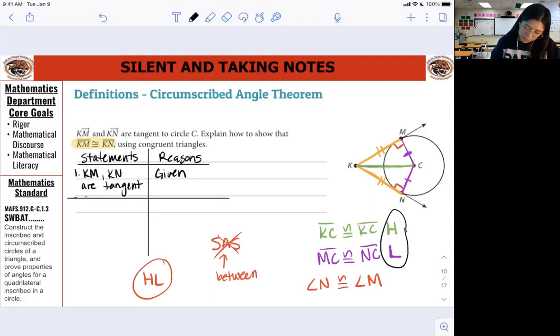Since we know that they are tangent, we can say that angle M and angle N are 90-degree angles. That's the definition of tangent.